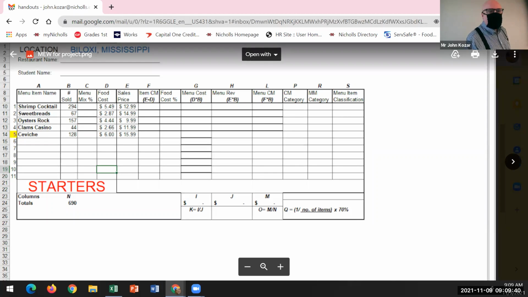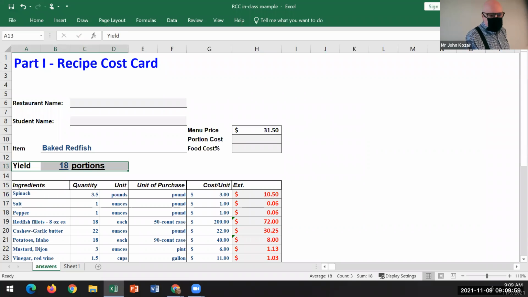I'm sorry, I can't get another menu engineering worksheet up.